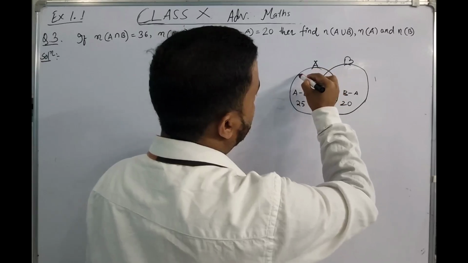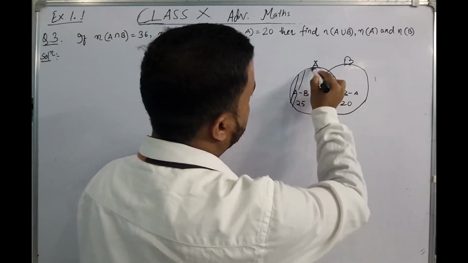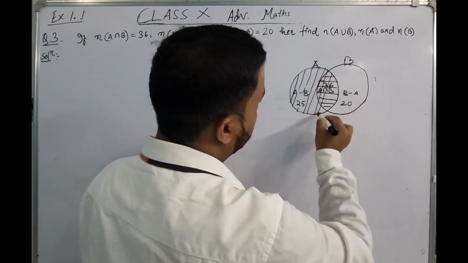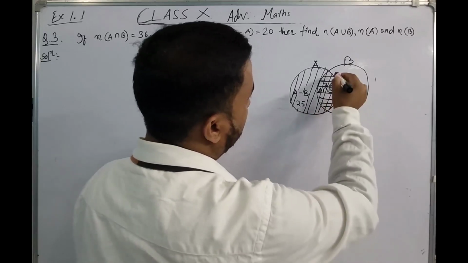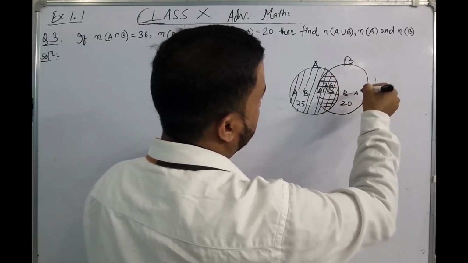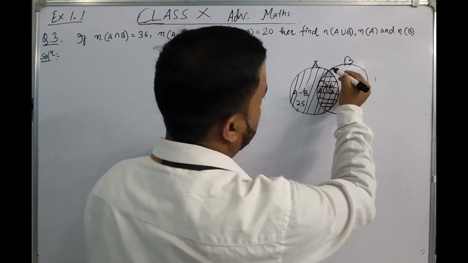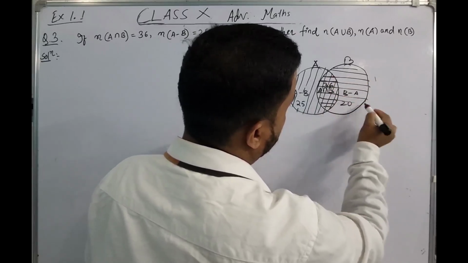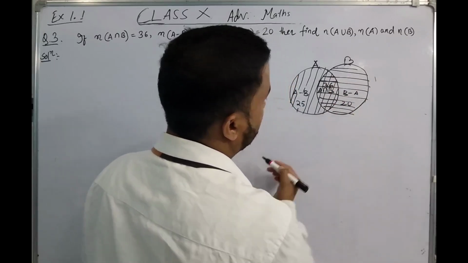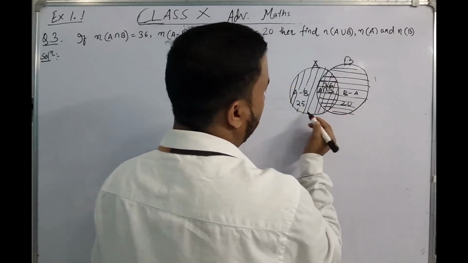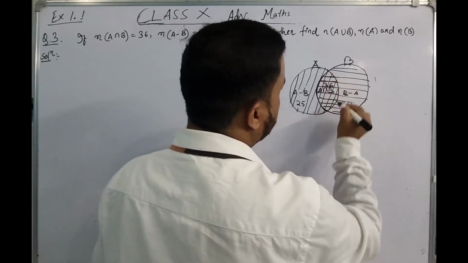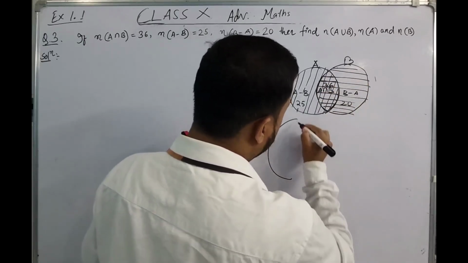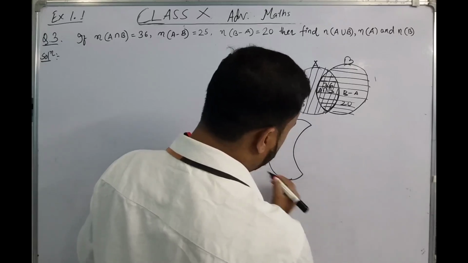This whole part will be A union B. If I draw like this, this part is A and this part is B. Now, if we break this Venn diagram into 3 parts, we have already discussed this in question number 2.